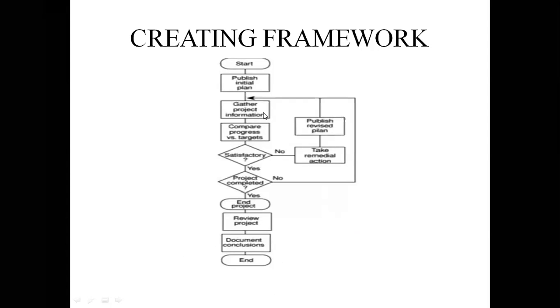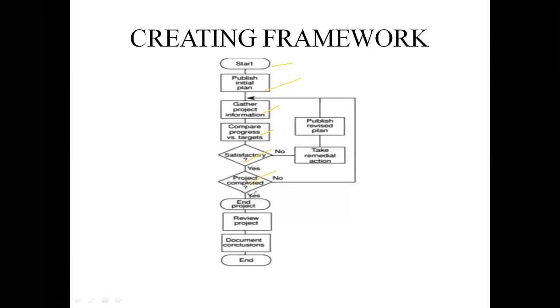So here we start, publish the initial plan, then move to gather project information. Okay. First we have to start, then publish the initial plan, then gather project related information and compare progress versus target. Okay, next we move to the decision: is the project completed?